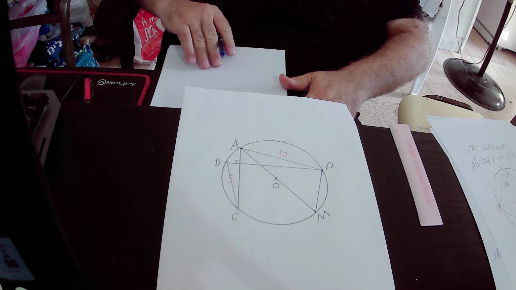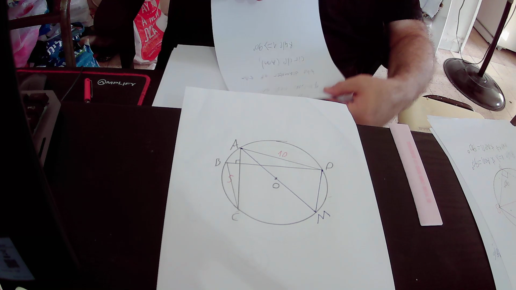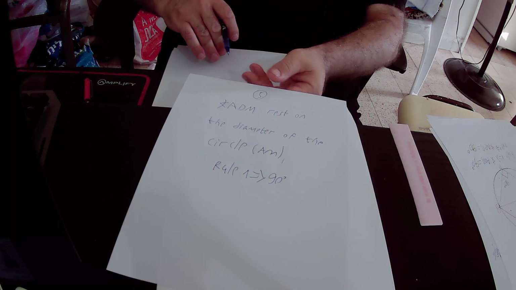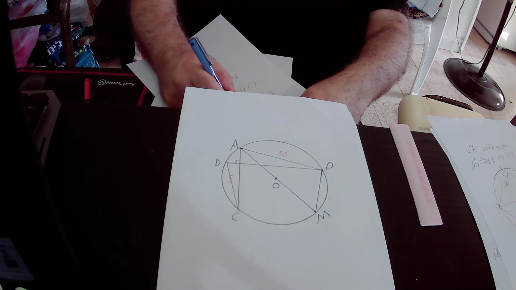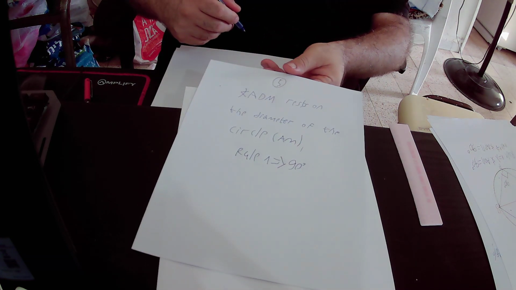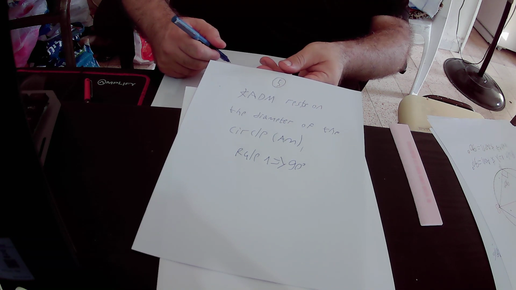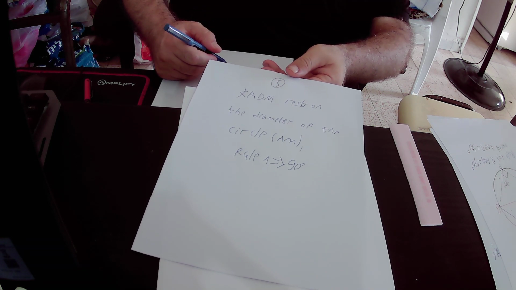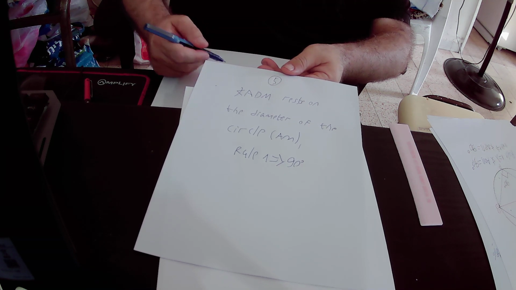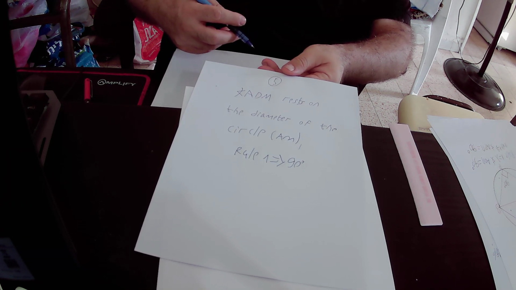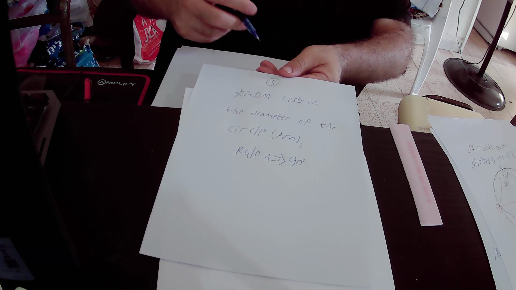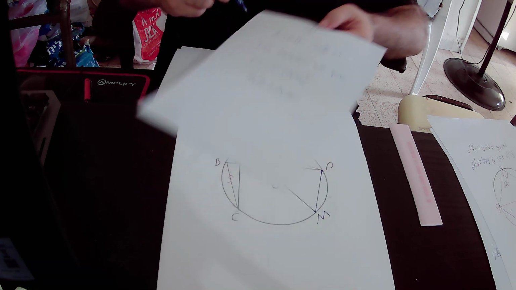Okay? Again, angle ADM rests on the diameter of the circle. That is to say, angle ADM rests on chord AM, that is the diameter of the circle. Therefore, according to rule number 1, it equals 90 degrees.